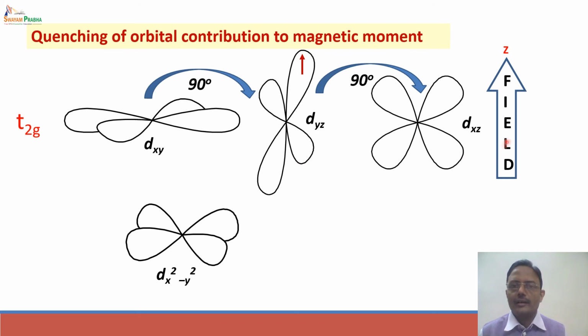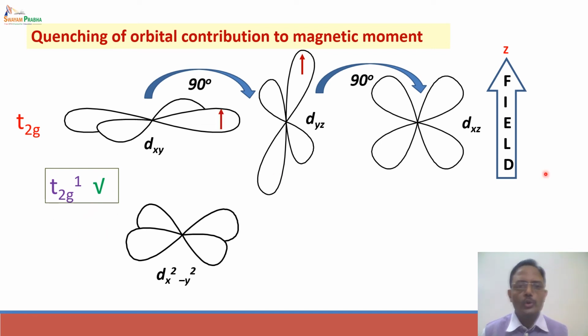As a result, this is called the orbital contribution to magnetic moment. Now it can contribute to the magnetic moment. So apart from spinning in the direction of the applied magnetic field, it is causing its orbital motion in the direction of the magnetic field. So it means that if you have a T2G1 configuration, it will definitely cause orbital contribution.